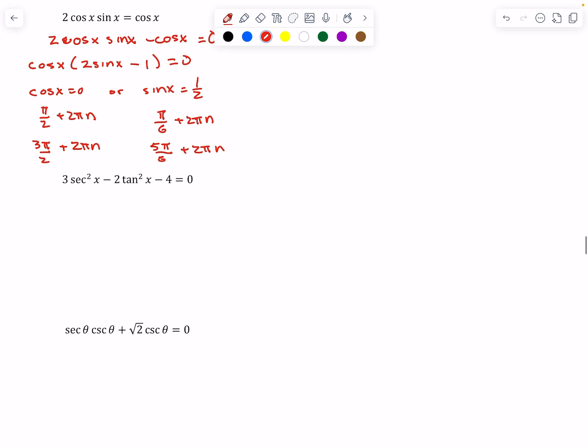Okay. Right. We have to turn them all into either secants or tangents. I think I'll turn them into tangents. So secant squared is tan squared plus 1.